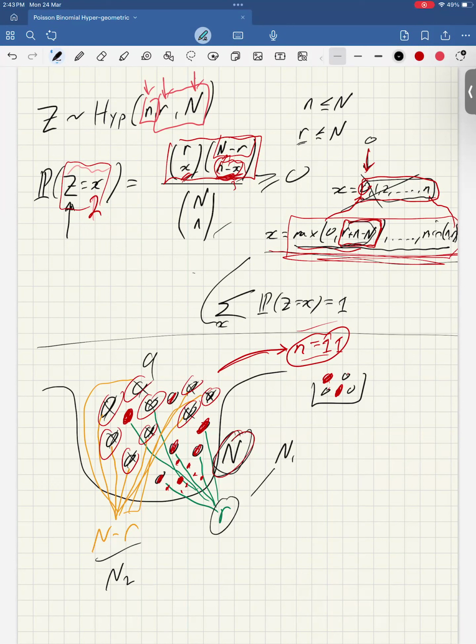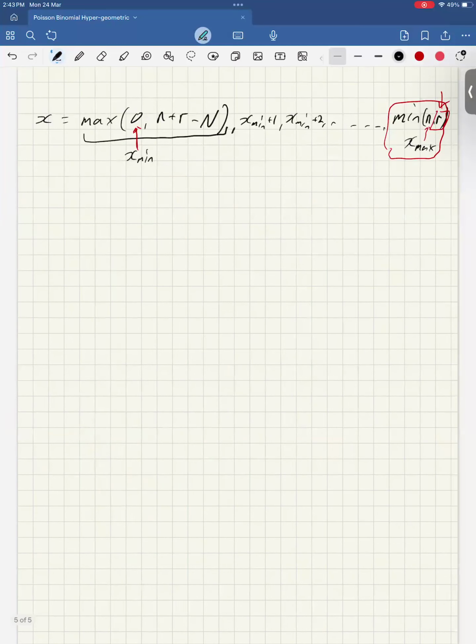So the smallest number you can get is that you got all of the 9 bad samples, and that is 11 minus 9, that's 2. So if you look at this expression here, you can write it as n minus (N minus r), right?